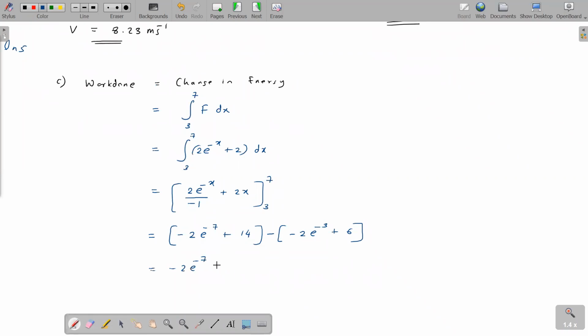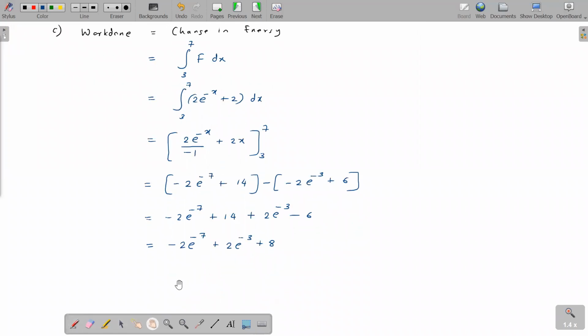Minus 2e to the power minus 7 plus 14. Minus into minus is plus 2e to the power minus 3. Minus into plus is minus 6. So over here we get minus 2e to the power minus 7 plus 2e to the power minus 3. 14 minus 6 is, that's 8, right?